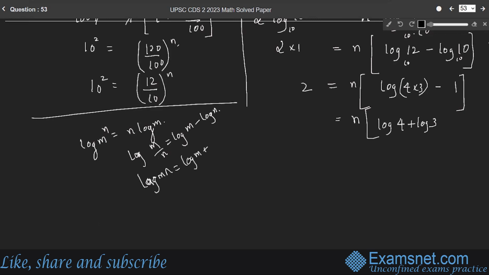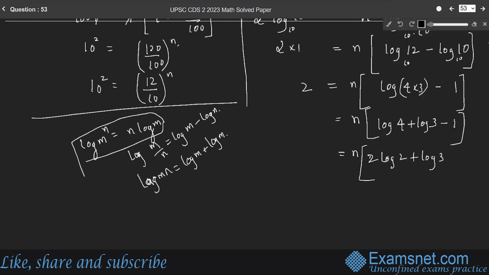Therefore, log 4 plus log 3 minus 1, which is equal to n into, and log 4 is nothing but log 2 squared, right? Therefore, again, we are using the log m raised to n formula, which gives 2 log 2 plus log 3 minus 1.